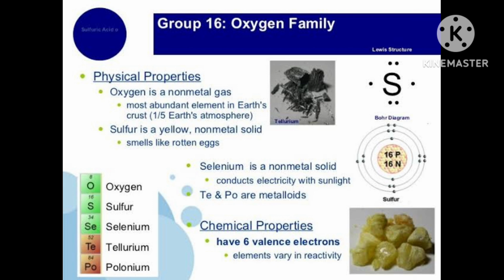The stability of halides decreases in the order: fluorine is highest, second is chloride, third is bromide, last is iodide.